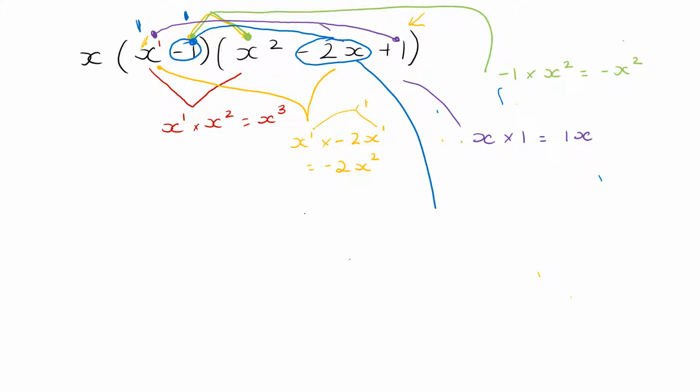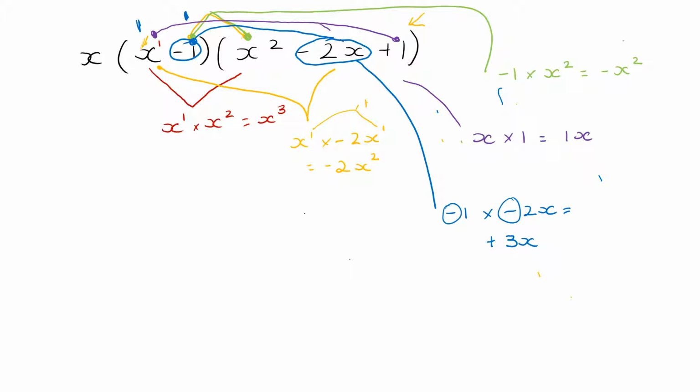So this goes down here, and then we'll do it as -1, because the minus belongs to the 1, times -2x. Timesing 1 by anything doesn't change it, but because that minus is there and there's a minus there, a minus times a minus is a plus. So that equals +2x.